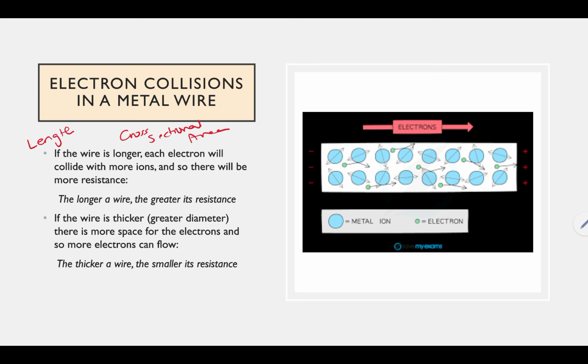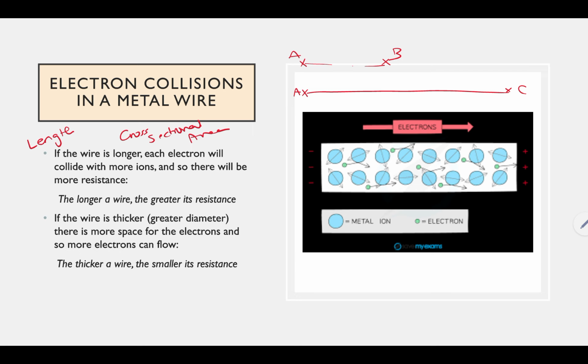If I asked you to move from point A to point B, or from point A to point C, which one will reach faster? Of course, A to B, because it's shorter. A to C will take a longer time. Think of it the same way. If the wire is longer, each electron will collide with more ions, so there will be more resistance, and therefore less current will flow through.